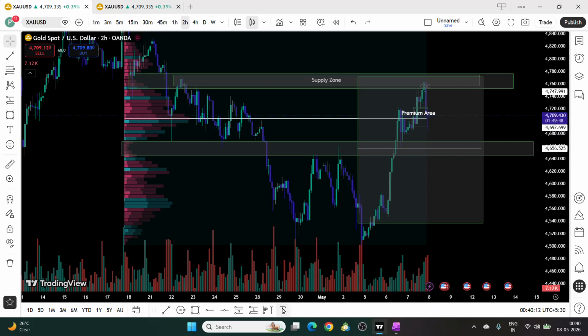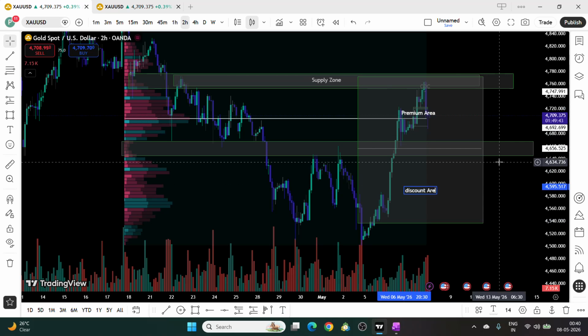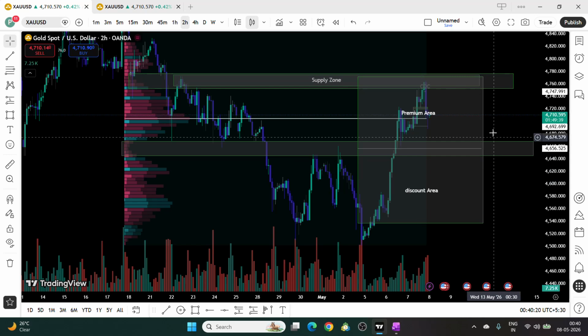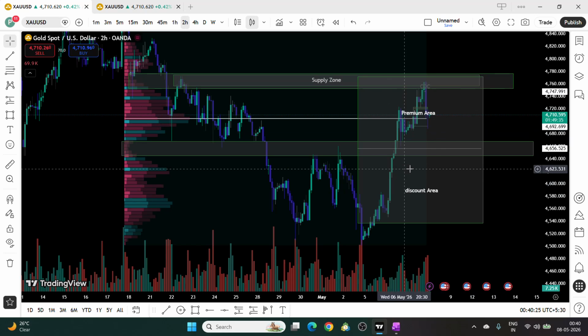This will be the discount area. This is the basic funda of the price, whether it is at the discount or at the premium.